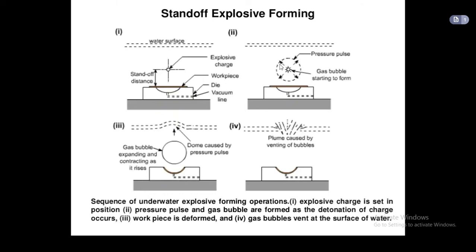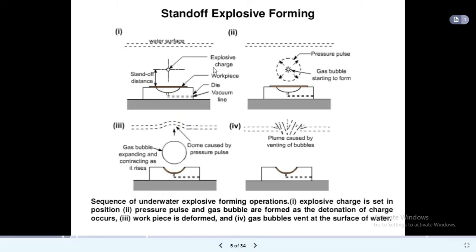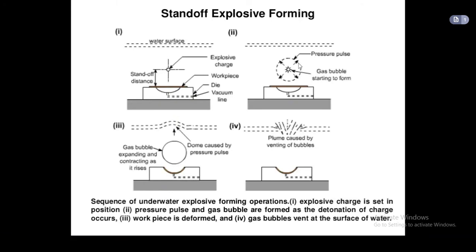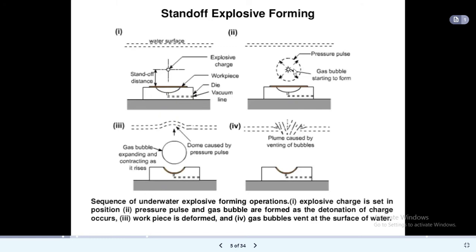Now what is the procedure? First, this is the initial arrangement for the process. After that, the explosive material gets ignited. The vacuum line is also provided here with the die, and we will discuss the purpose of all these factors.